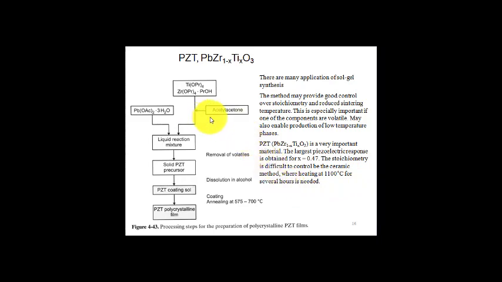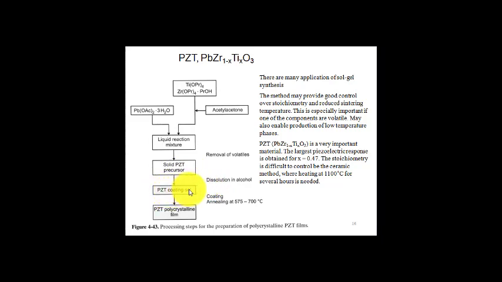Instead of that, if we use simple sol gel synthesis in which we have titanium alkoxide, zirconium alkoxide, lead acetate and acetyl acetone, first of all we get a liquid reaction mixture, and after that we remove volatiles, we get solid PZT precursor, and it is dissolved into the alcohol.